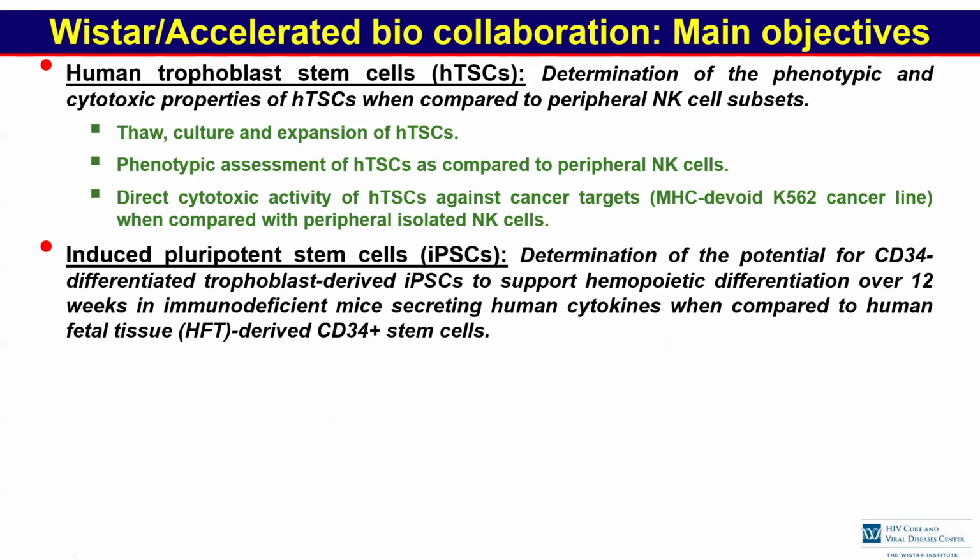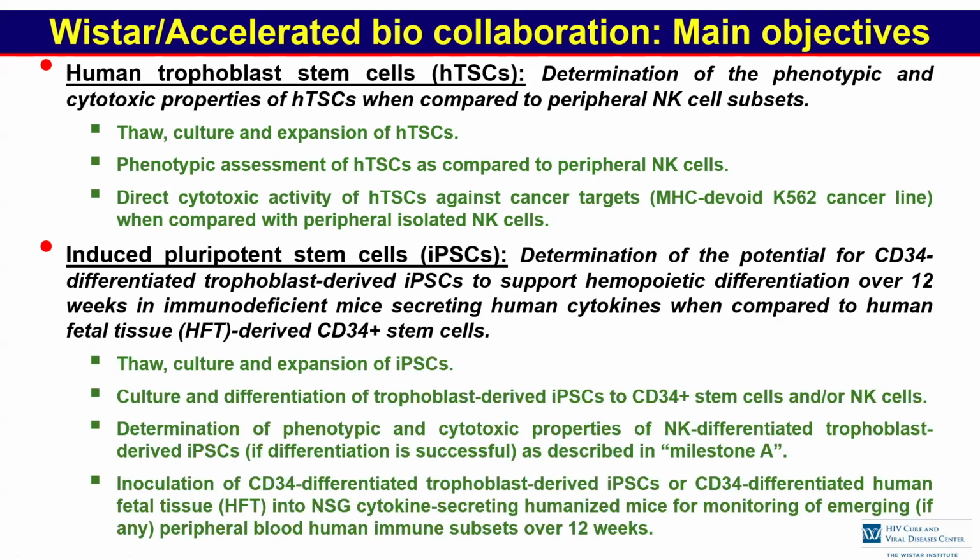We were also approached to see if induced pluripotent stem cells, coming again from Accelerated Biosciences, could have the potential after differentiation to support hematopoietic differentiation in immunodeficient mice secreting human cytokines, and we wanted to compare that potential, if any, with human fetal tissue-derived CD34 positive stem cells.